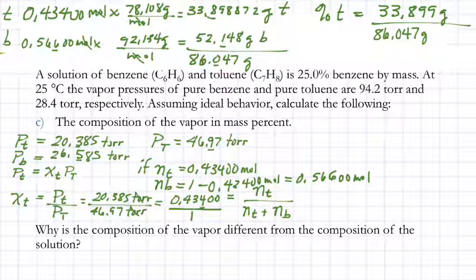And then to make it a percentage, we multiply by 100%. So 33.899 divided by 86.047 times 100 is 39.4% toluene.